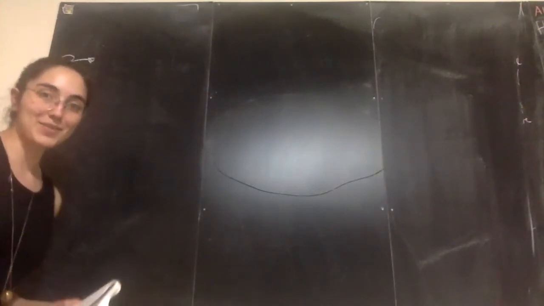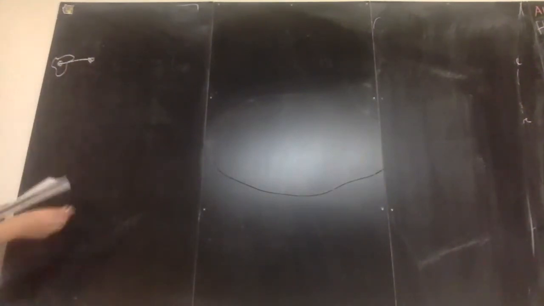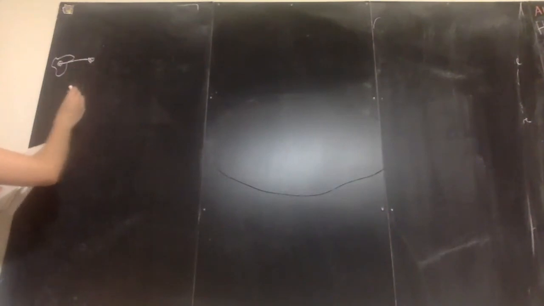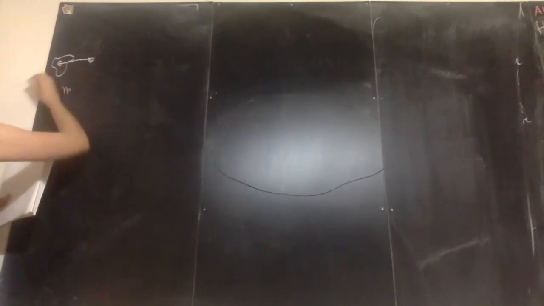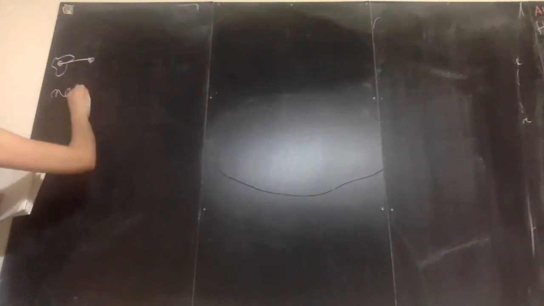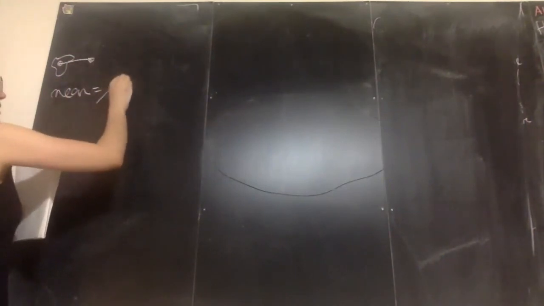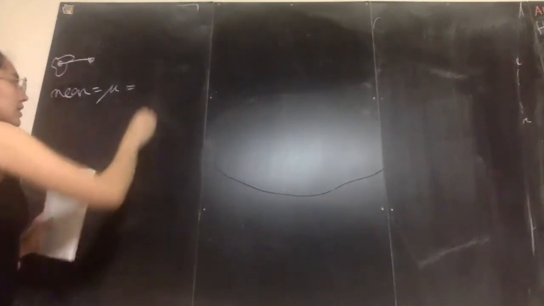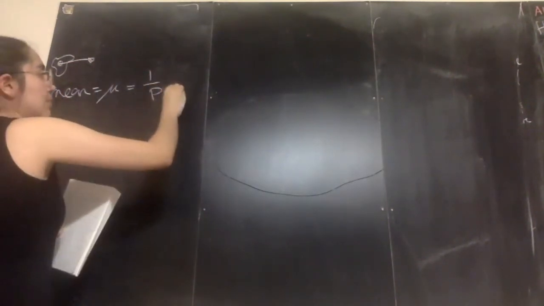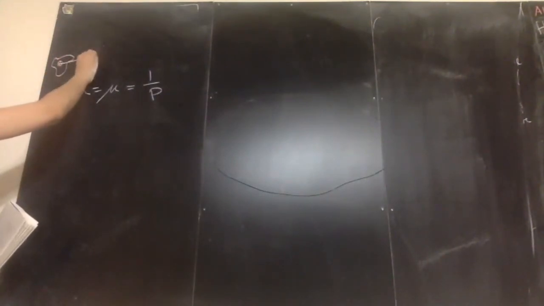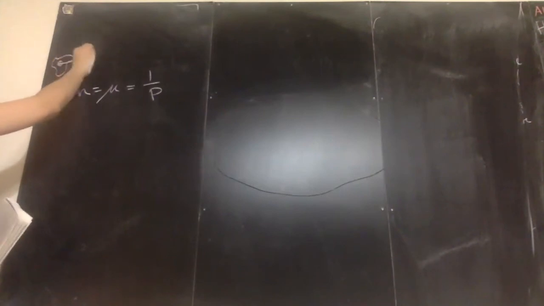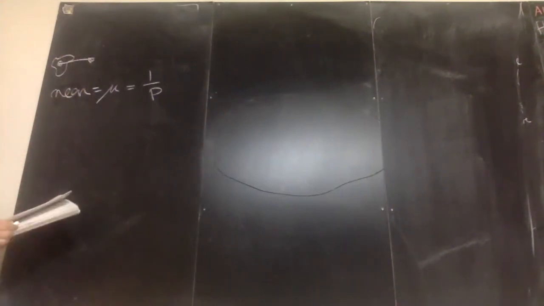And we do actually have an equation for it. So for this little graph, we have that our mean, which from now on I'm going to write as mu, is equal to 1 over p, where once again, p was our probability of this spread infecting on from one sick person to one healthy person.